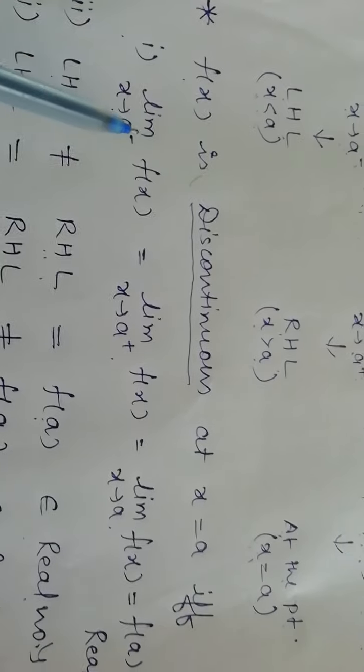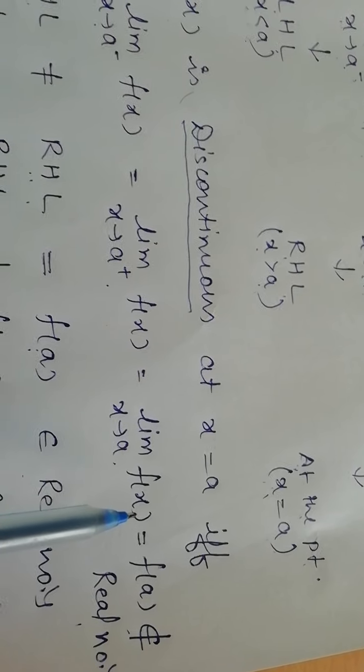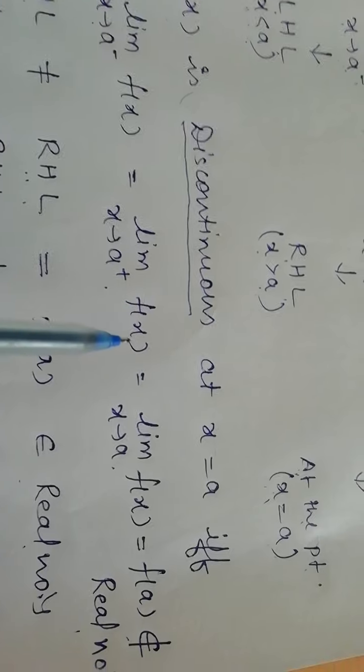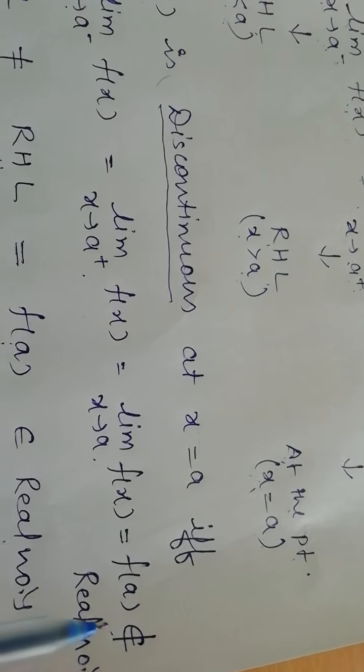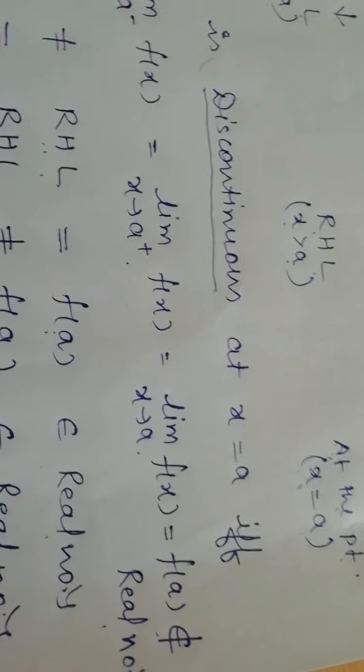It means left hand limit, right hand limit and the value of the function at the point, all three are equal, but they don't have the real answer, therefore they do not belong to the set of real numbers. In this case also you can say function becomes discontinuous.